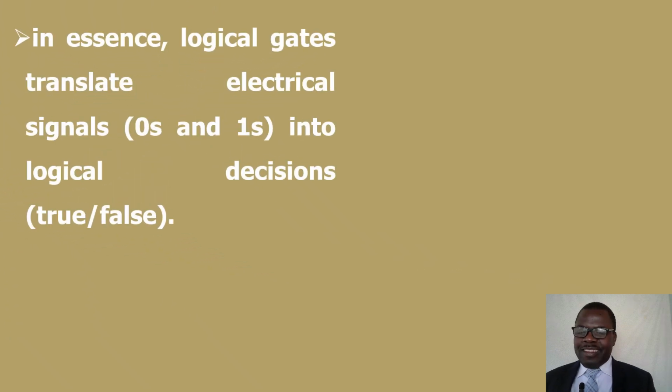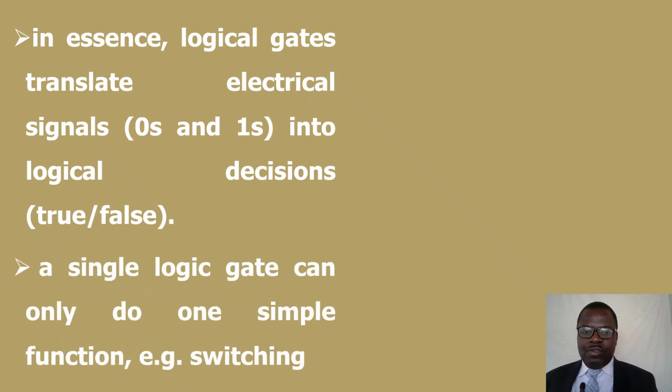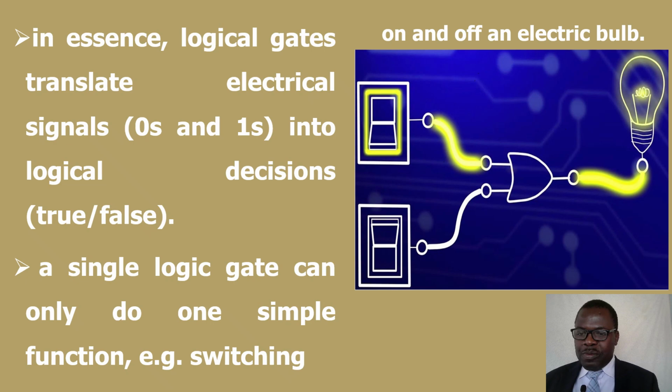In essence, logic gates translate electrical signals, zeros and ones, into logical decisions which are true or false. A single logic gate can only do one function, e.g. switching an electric bulb on and off.